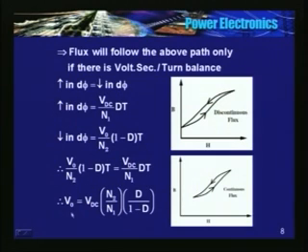I will find that V0 is equal to VDC multiplied by N2 divided by N1, the turns ratio, times D divided by 1 minus D.